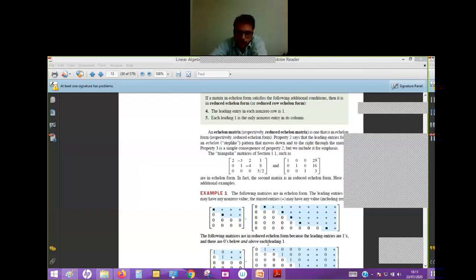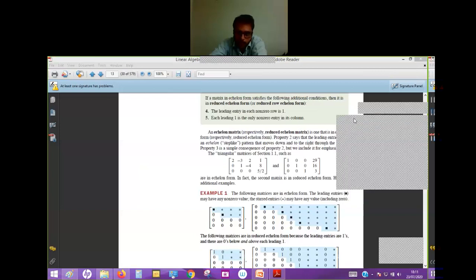What I want to tell you here is that I want row reduced form. This is echelon form, but I want row reduced form. And what do we mean by row reduced form? Row reduced form means the leading entries are ones instead of non-zero values.